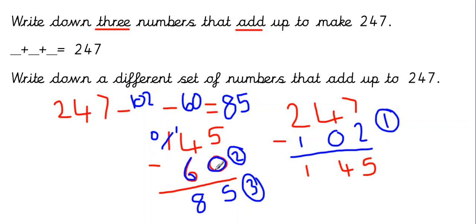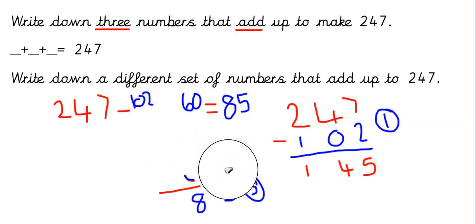And I took 60 away from 145. Okay, so 60 is then my second number to go in my subtraction. I'm then left with 85. So because I've got 85 left over, that would then go in my answer because I've got no more subtractions to do. So what we're going to do now, we're going to try and do the inverse this time.